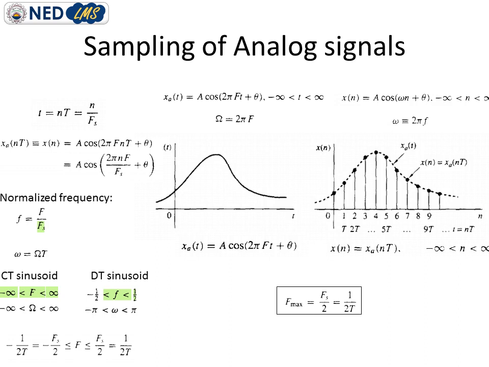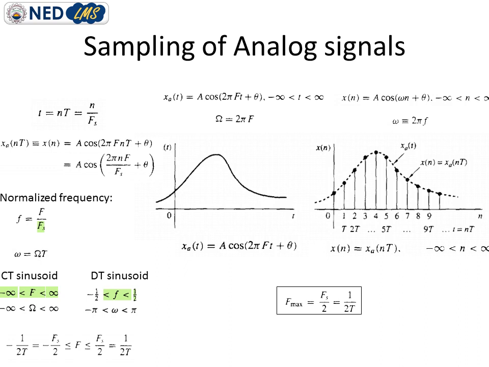So concluding our discussion till now, what we have understood is that the frequency of the analog or continuous time signal can be related to the frequency of the discrete time signal if we do uniform sampling of that continuous time signal, and from that uniform sampling we obtain the discrete time signal.